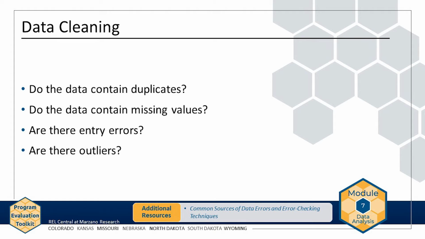Do the data contain duplicates? Do the data contain missing values? Are there entry errors? Are there outliers? Pause this video to review the data in the Messy Data sheet while considering these questions. You will review the data in more detail over the next several slides.